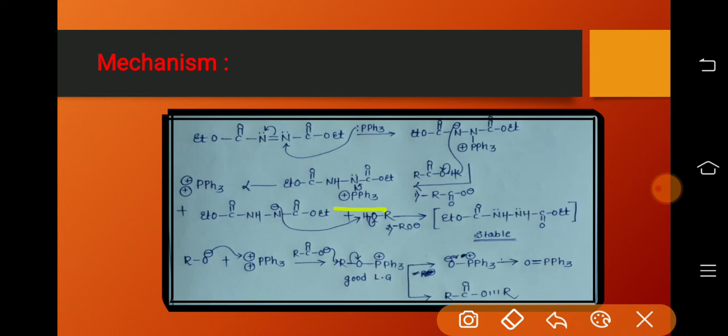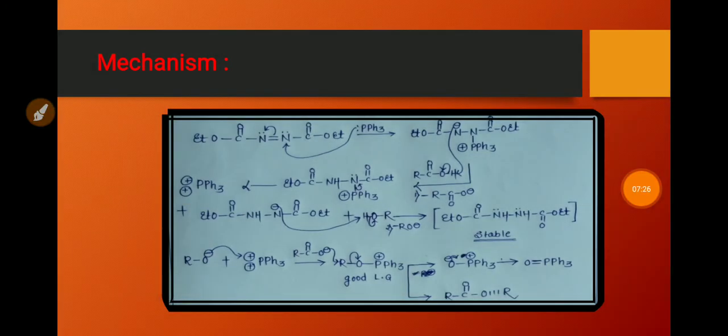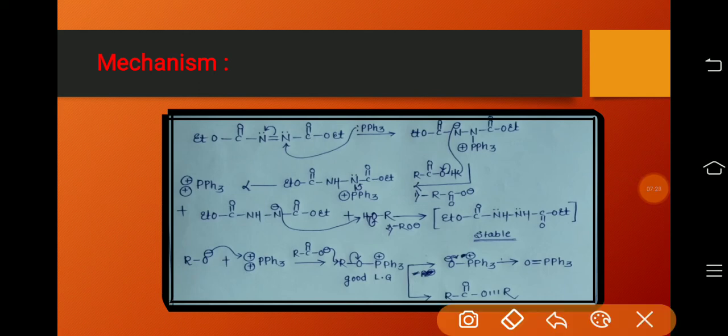Hence, by losing electrons, phosphorus becomes more electropositive, carrying an extra positive charge, and nitrogen becomes negatively charged, hence it abstracts the proton from the alcohol. The alcoholic proton can be abstracted by this negatively charged nitrogen.